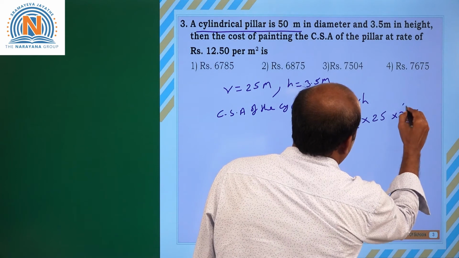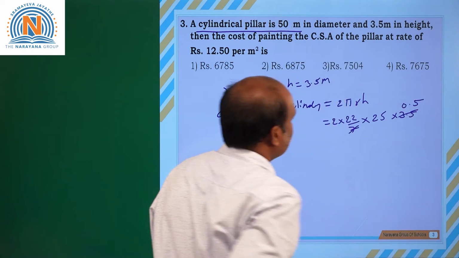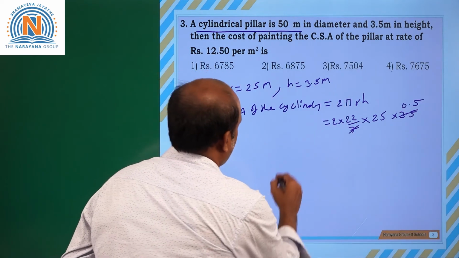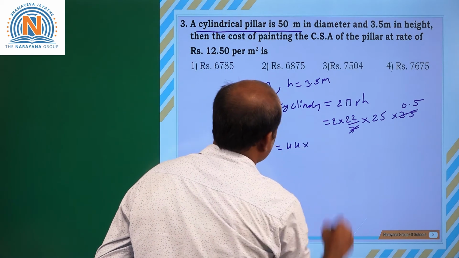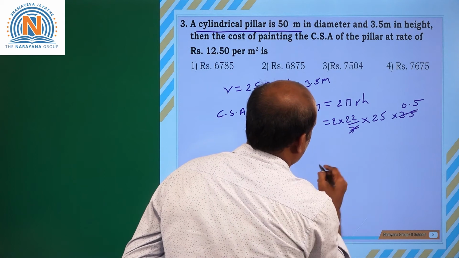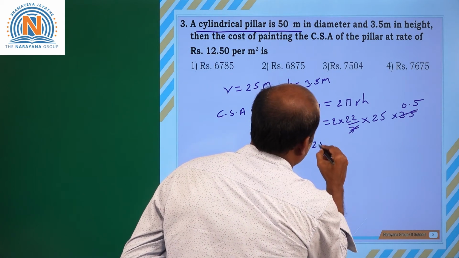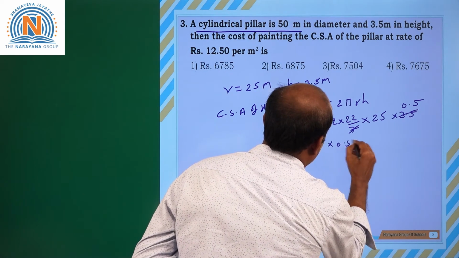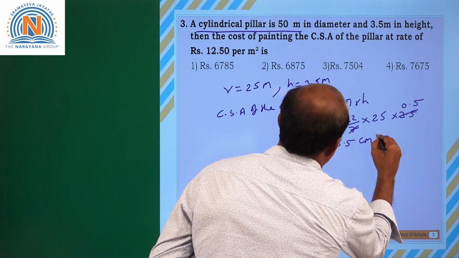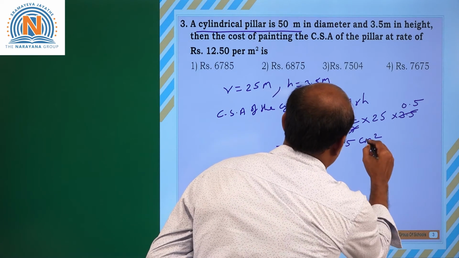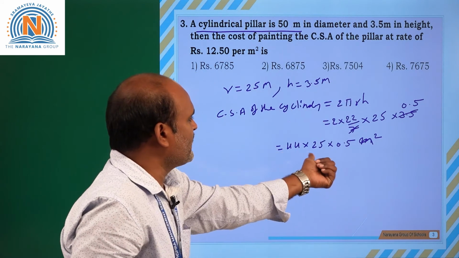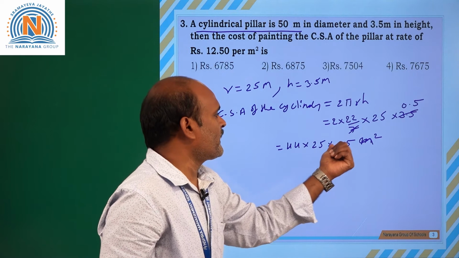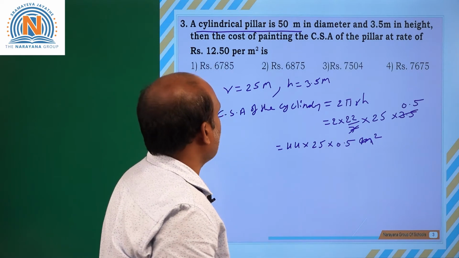This is equal to 0.5. That is equal to 44 into 25 into 0.5 meter square. This is meter square, right? So the curved surface area of the cylinder is 44 into 25 into 0.5 meter square.